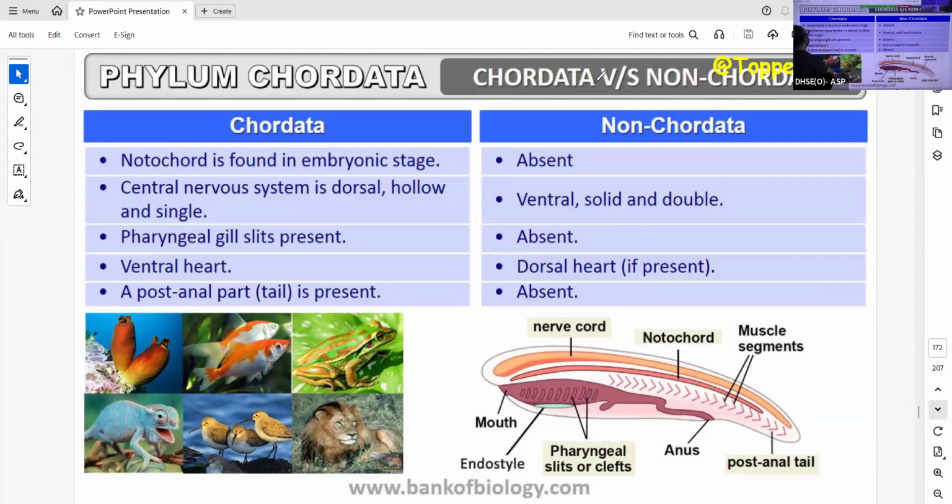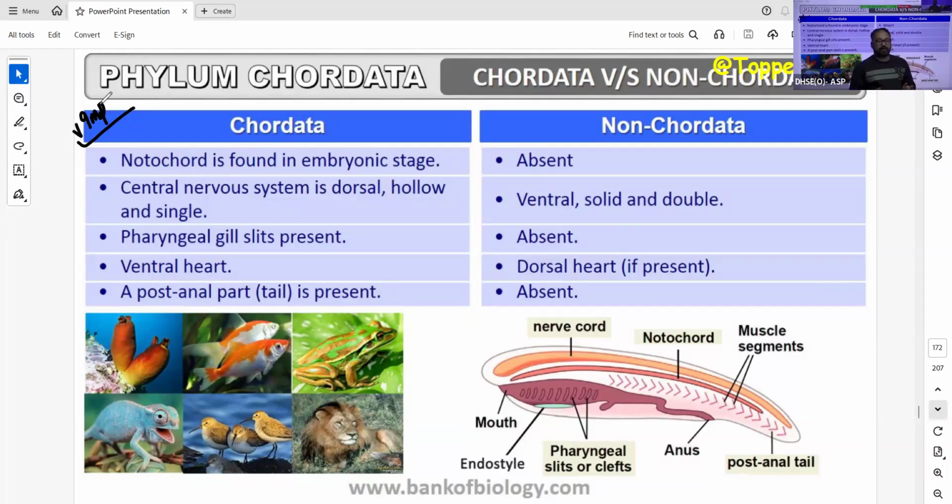Now, as I said, this is a very, very important part of this session. Why? Because for the last 3 years, we have been getting questions on these differences, some way or the other. For example, which of these characteristics does not represent a chordate?